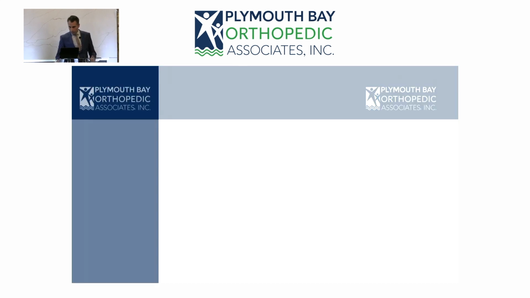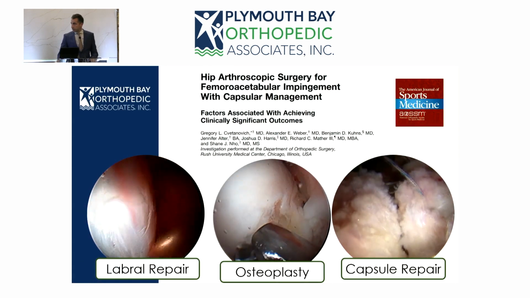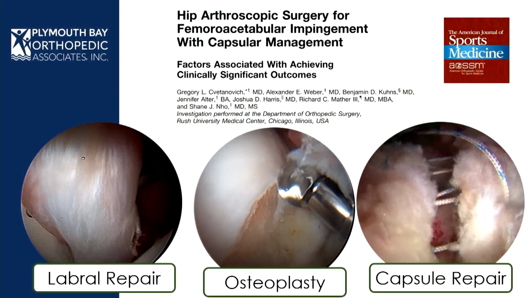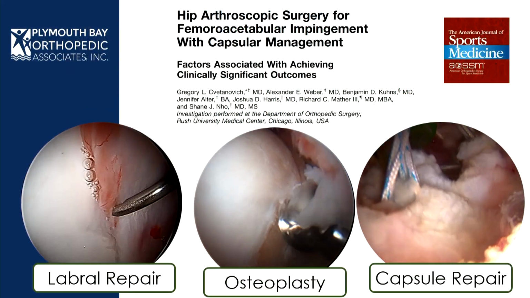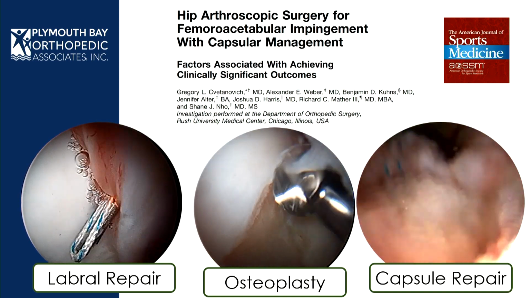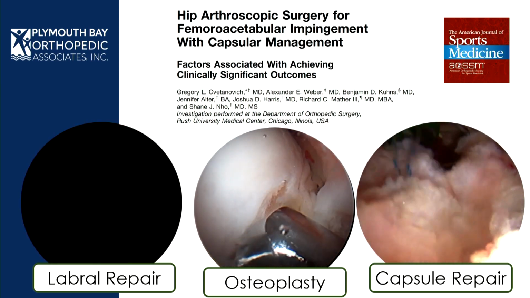So, finally, this is what this looks like. On the left side, you can see what the arthroscopic labral repair looks like. You typically make a little bit of a clearance at the chondrolabral junction. The anchor is put in, and then using a suture passer you go around the labrum and tack it down.